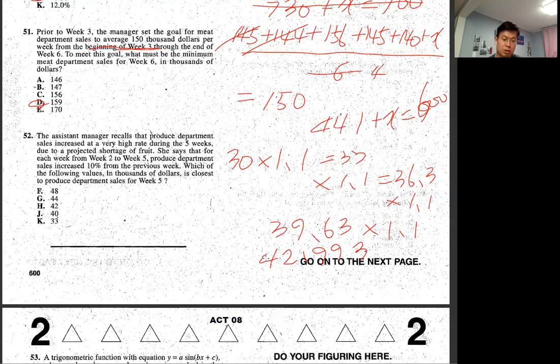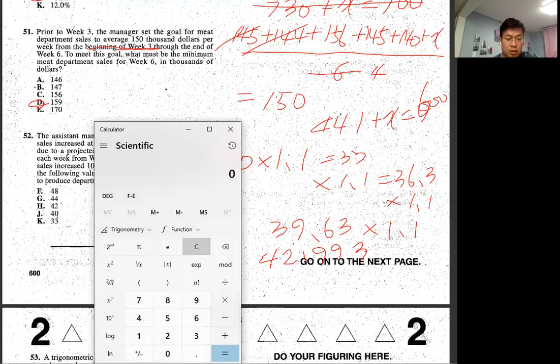Let's just do the calculator. Times 1.1 twice.